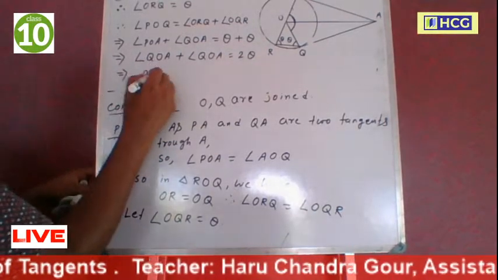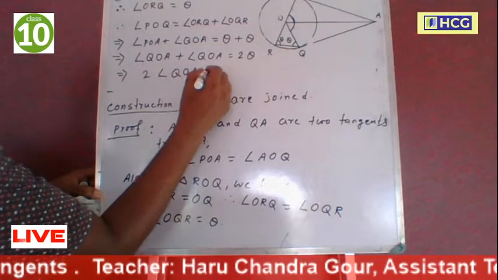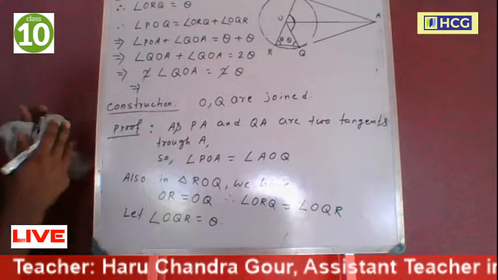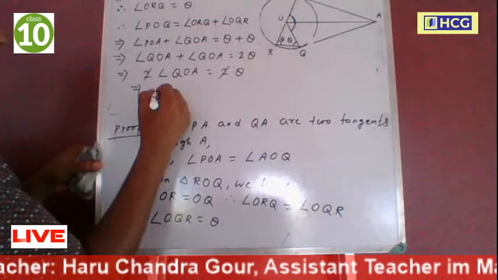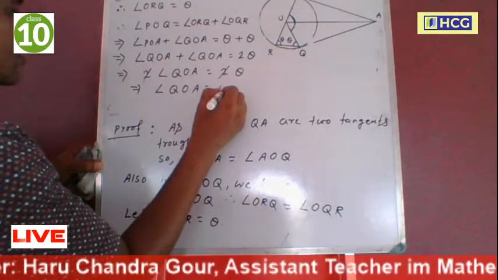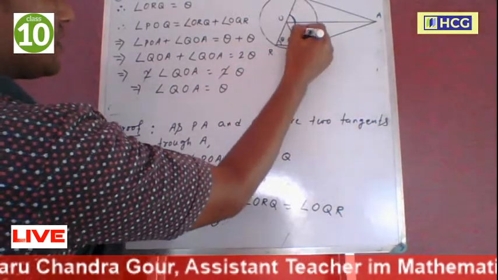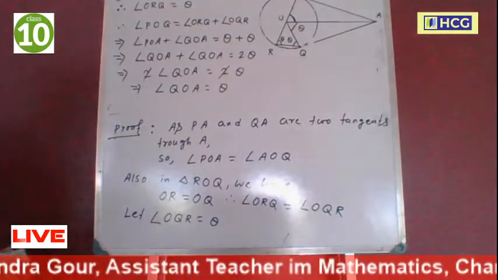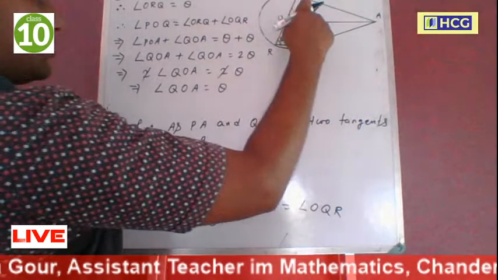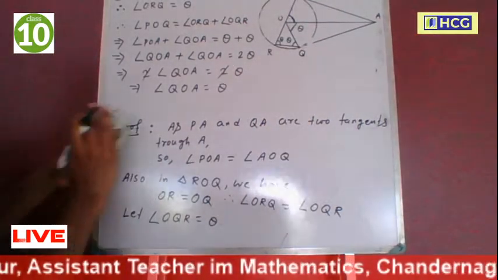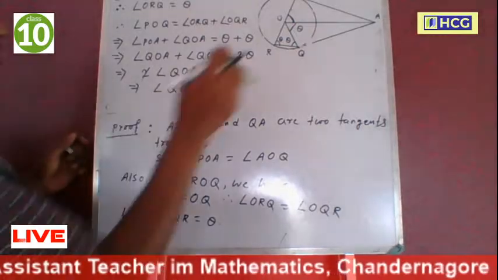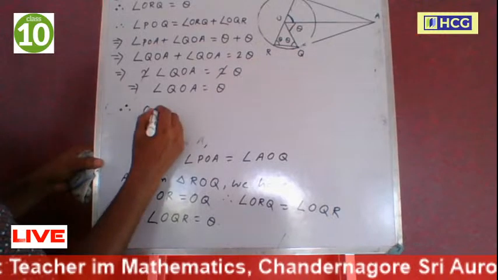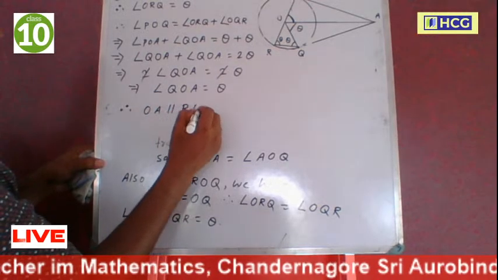That is twice angle QOA equals 2 theta. Cancelling 2 from both sides, angle QOA equals theta. So this angle is also theta. As alternate angles are equal, OA is parallel to RQ. Proved.